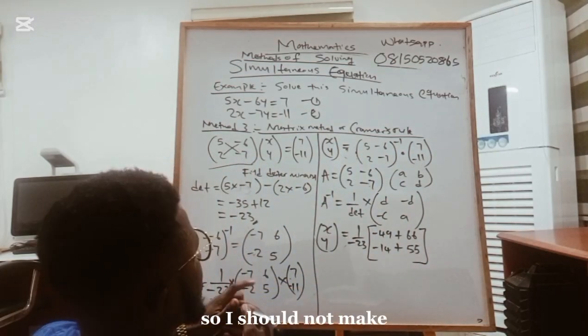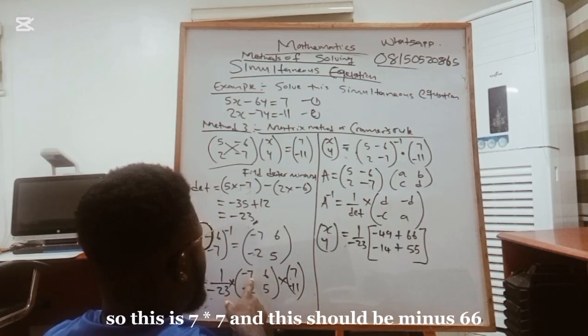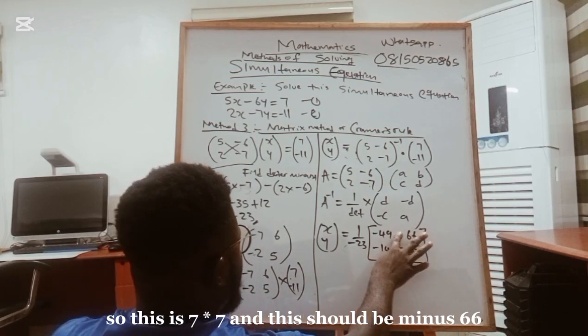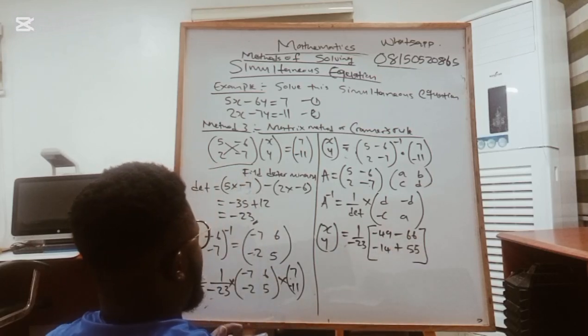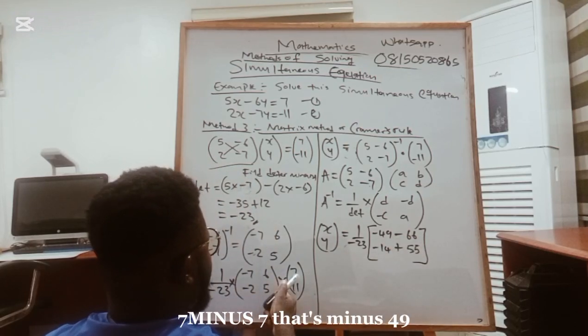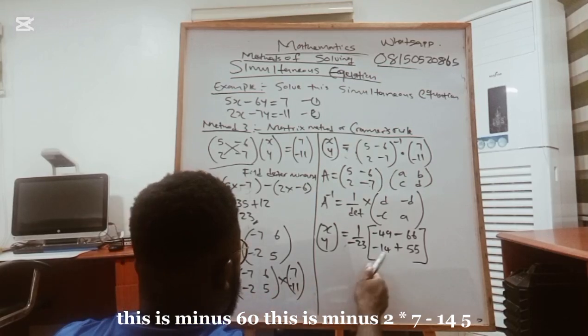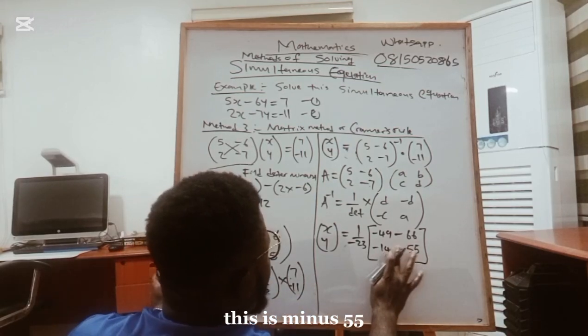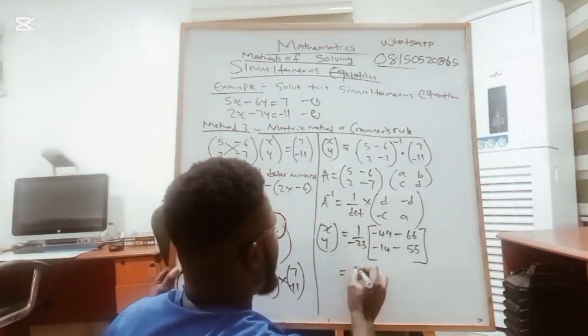So I should not go and make that mistake. So this is 7 times 7, that's minus 49, this will be minus 66. This is minus 2 times 7, minus 14, and 5, this is minus 55. So let's now see what it's going to give us.